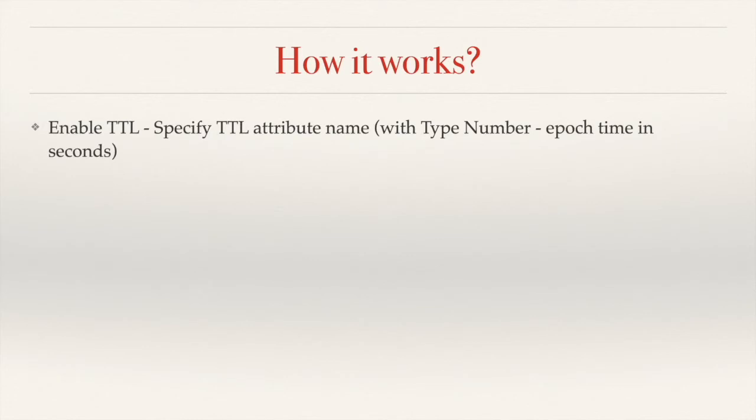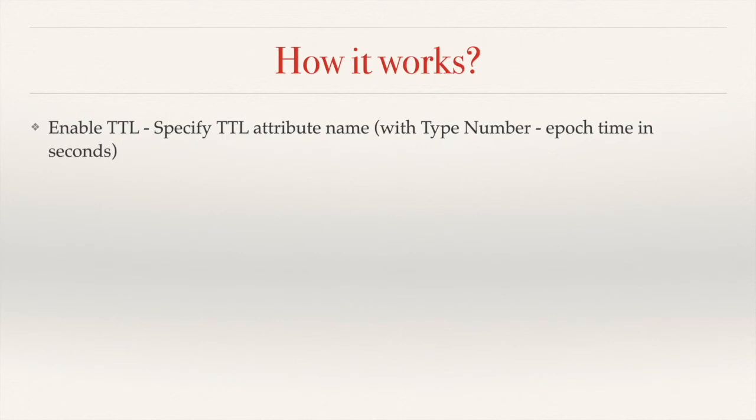So let's see how it works. You have to enable TTL. By default it is not enabled, and you can enable it on any new table or any existing table. You have to specify the attribute name which contains your expiration time. That attribute's type should be number and it must have epoch time in seconds.